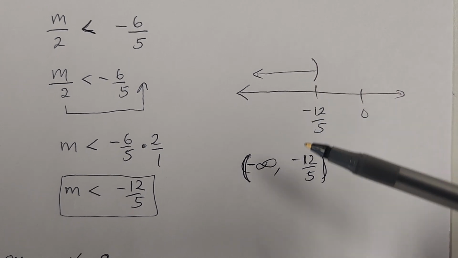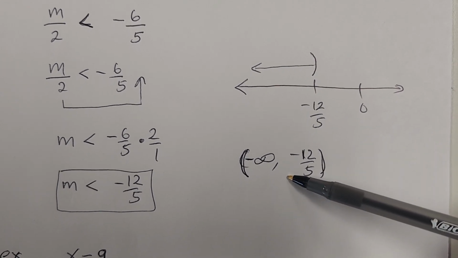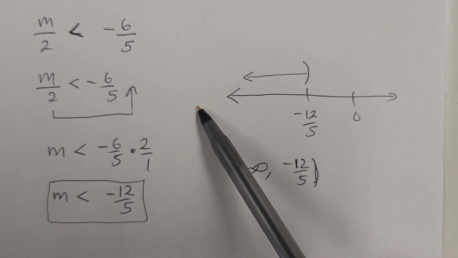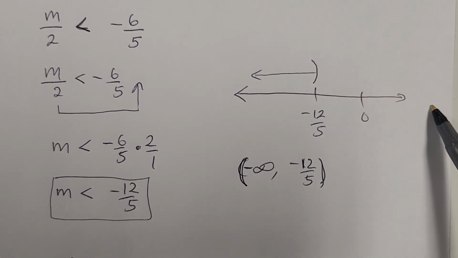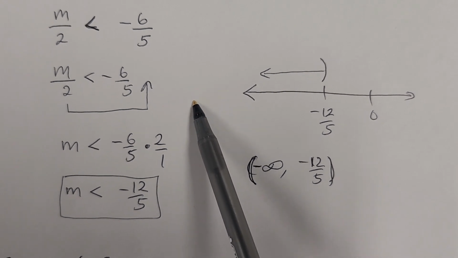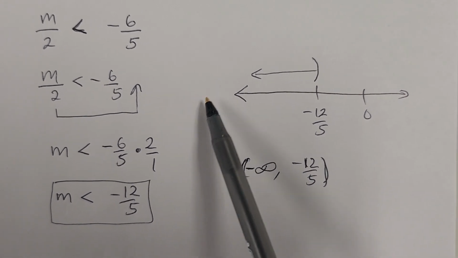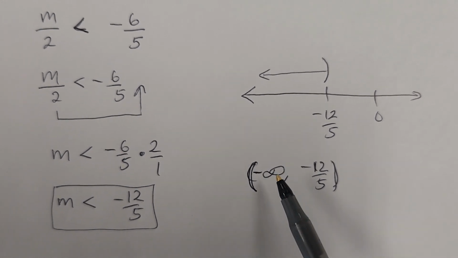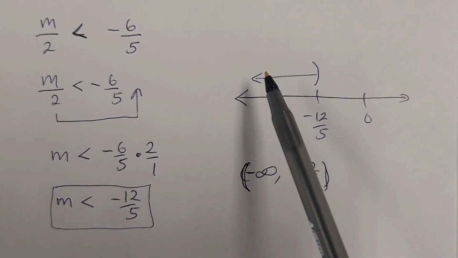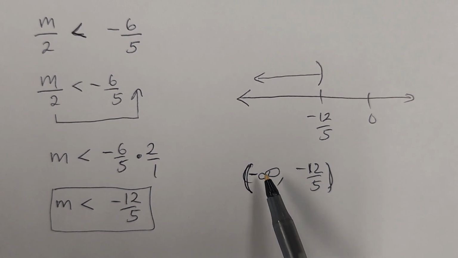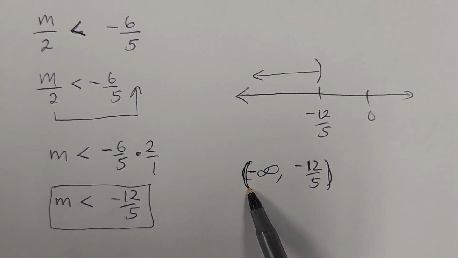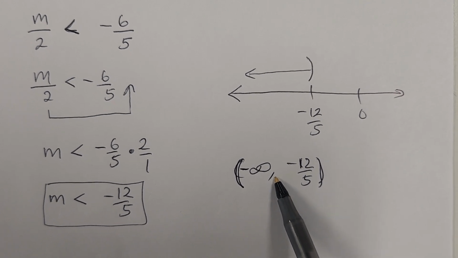Now use the graph to do my interval notation. For interval notation, start from the left and work your way to the right. From the left, there's nothing here. However, this arrow is from the left, so it has to be infinity, and since it is on the left, it has to be negative infinity. Infinity always gets parentheses, followed by a comma.